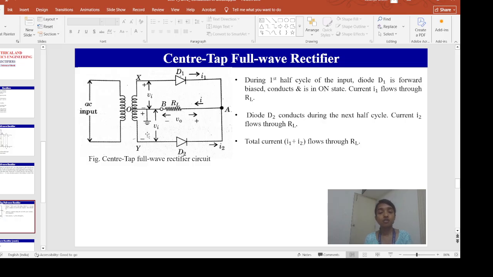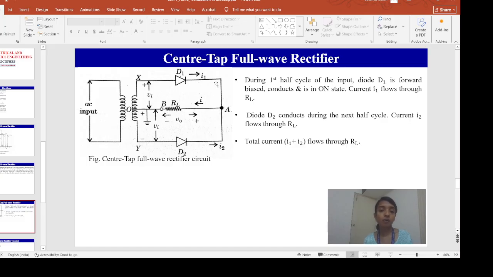That means the voltage induced in the top half and the bottom half of the transformer secondary will be equal in magnitude but opposite in phase. Here you can see we have connected a load resistance at the center of the transformer secondary. Now we need to calculate the current flowing through this load resistance.